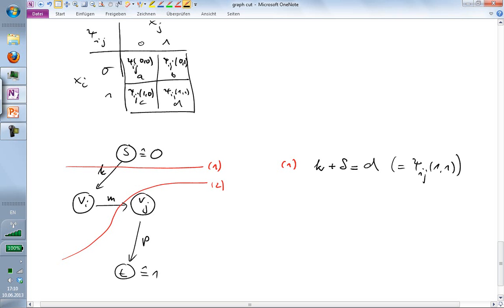Now I can instead make this cut number 2, which has one edge pointing across the cut in the right direction. And if I make this cut number 2, then this node Vi will be assigned to class 0 and Vj will be assigned to class 1. So this should incur the cost of B, where B was shorthand for psi ij of 0, 1.